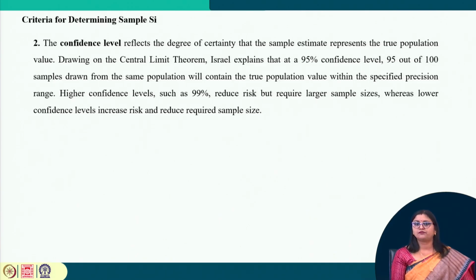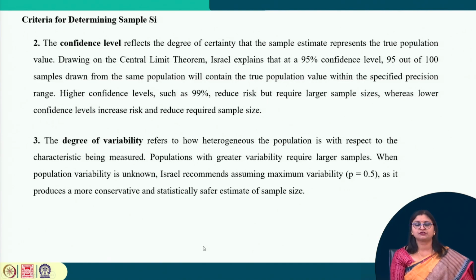It means that there is a 5% chance of error. Higher confidence levels such as 99% reduce the risk but require a larger sample size, whereas a lower confidence level increases risk and reduces the required sample size in the research. Here a 99% level of confidence says that there is a 1% chance of error.